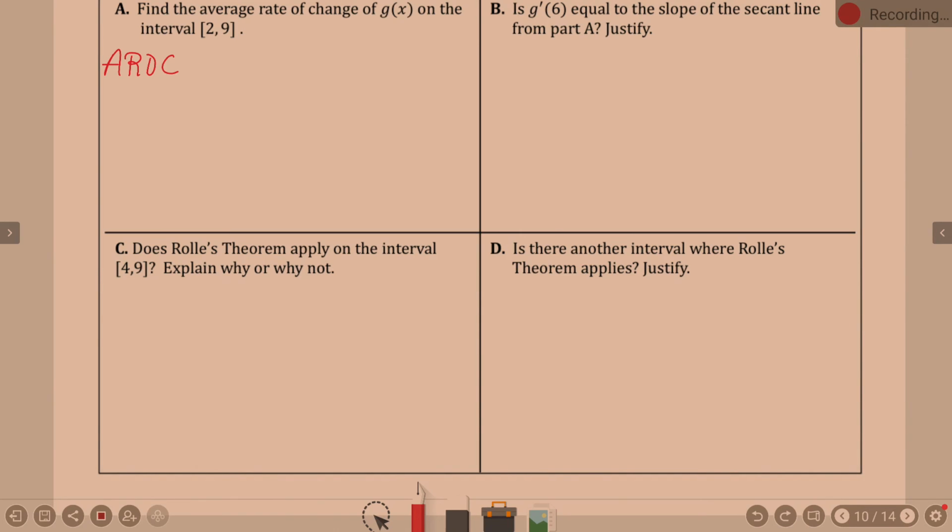So in order to find that, I'm doing g of 9 minus g of 2 over 9 minus 2, which is going to be 11 minus 4 over 9 minus 2.